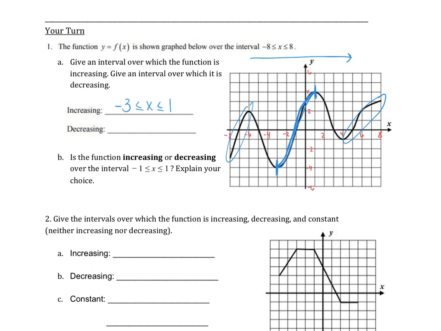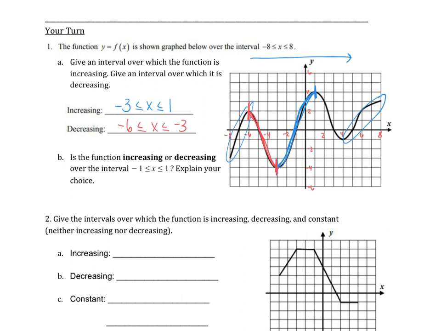So it's increasing all the way from -3 to 1. If I want to find a decreasing interval, we have 2 of them. Let's just do the first one here. This one is starting to decrease at -6. It's kind of where it reaches the peak, and then it's ending its decrease at -3. I always want to go from the start to the end.